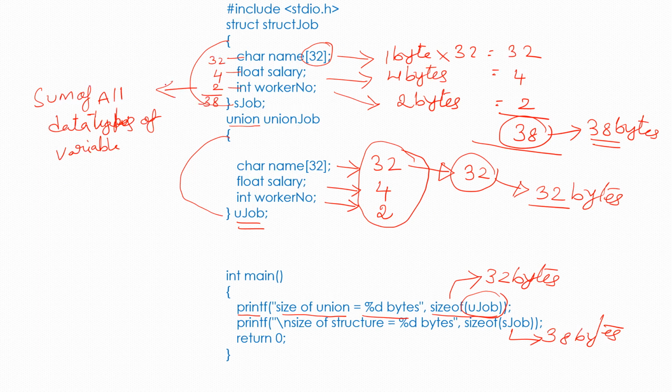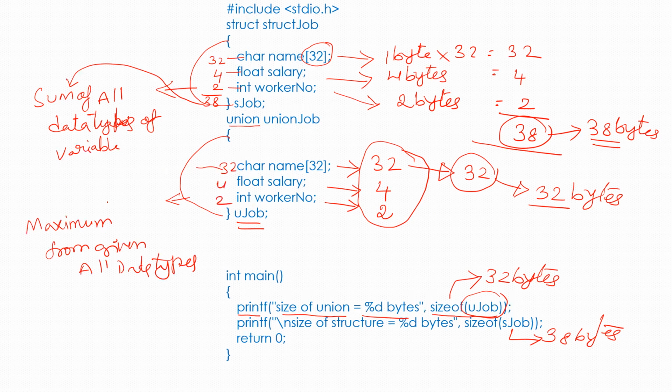This is the sum. But when we have a union, it will take the maximum from all the given data types. So here it has 32, 4, 2. The maximum value is 32. So this answer is 32.